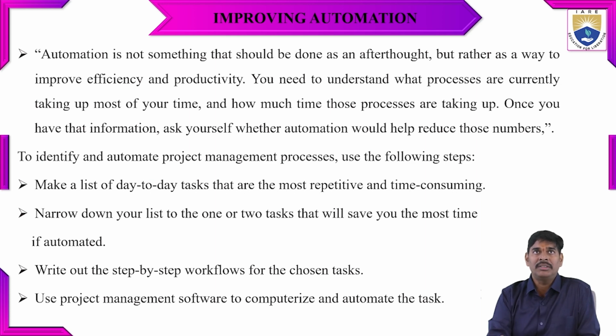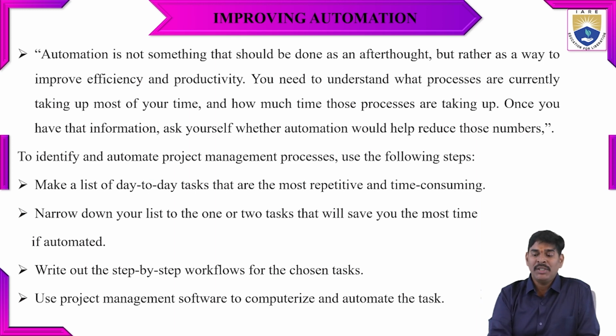So automation here is not something that should be done as an afterthought, but the way to think about it is we need to improve the efficiency and the productivity. So when you're using the automation, the main aim is we need to improve the efficiency and the productivity. So it means within the time we need to produce more products, and efficiently we need to deliver the goods.